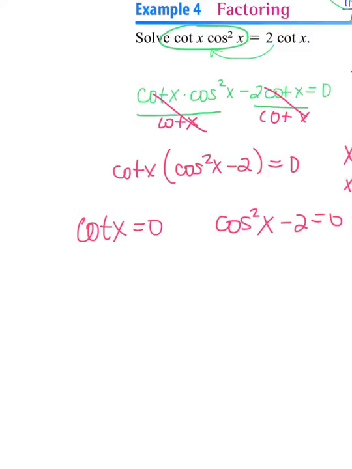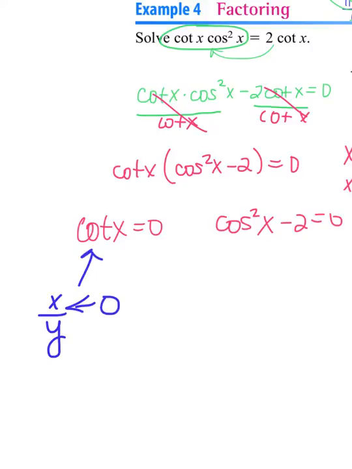So now we have to think trig. Cotangent. Remind me what cotangent is? Talking about ordered pairs, it's x over y. In order for the cotangent to be 0, what number has to be 0 in this fraction? The x, right? This has to be 0.